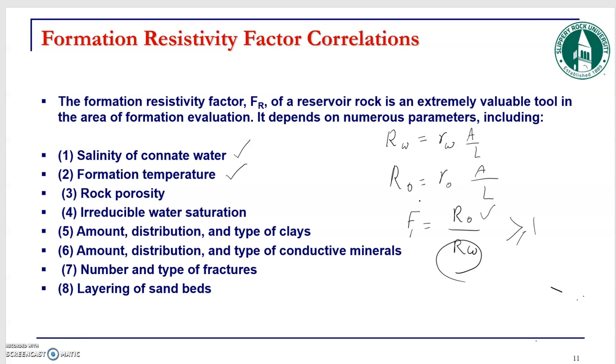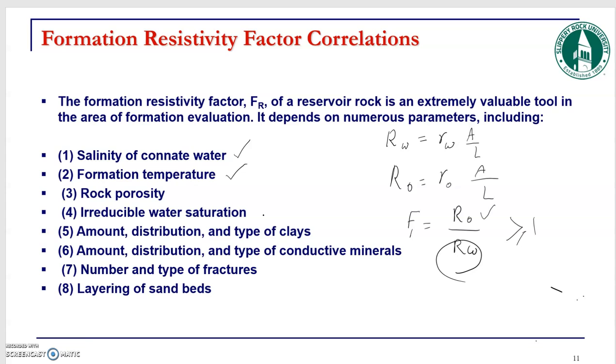Clay is a conductive material as opposed to the other types of rocks. Clay has multiple layers of ions and cations that can transmit electrical current through it. So the amount of clay and the distribution of the clay inside your rock would change the resistivity of your rock, and therefore it will change your formation resistivity factor.